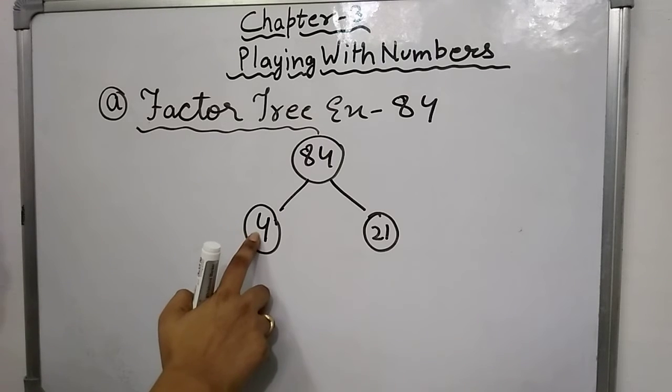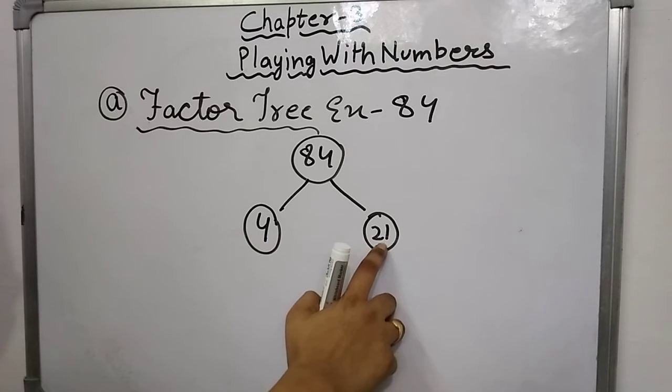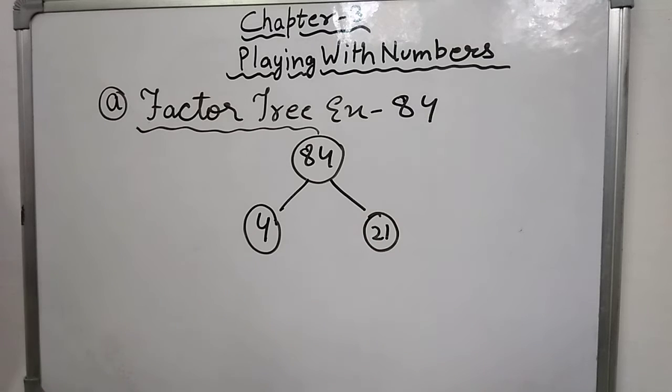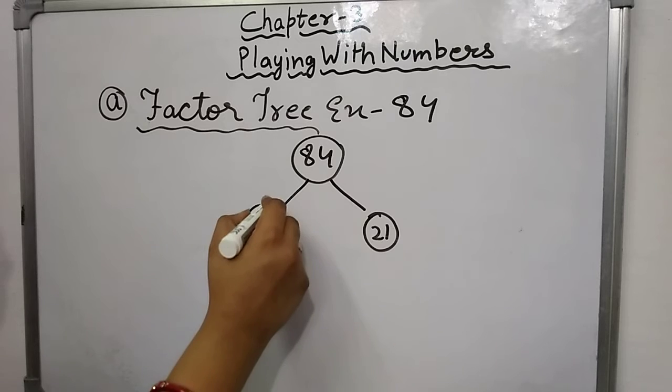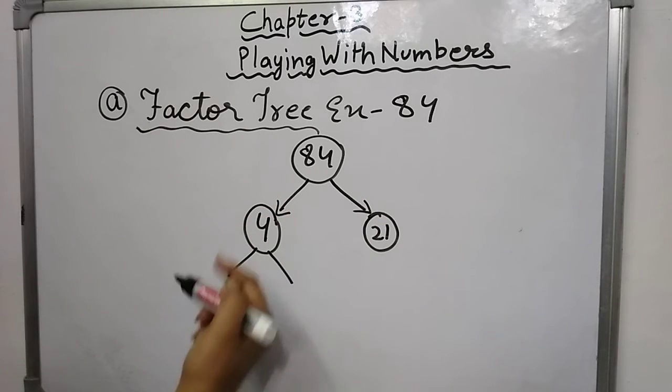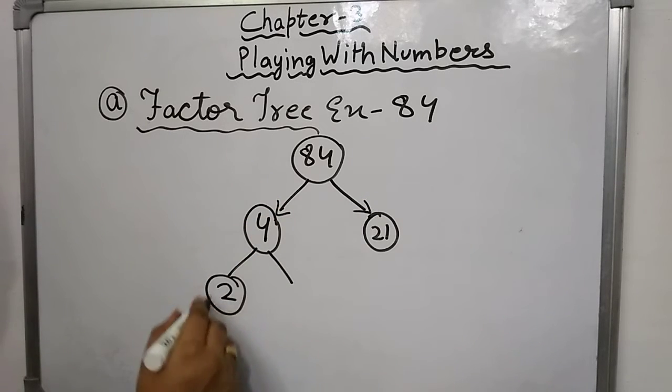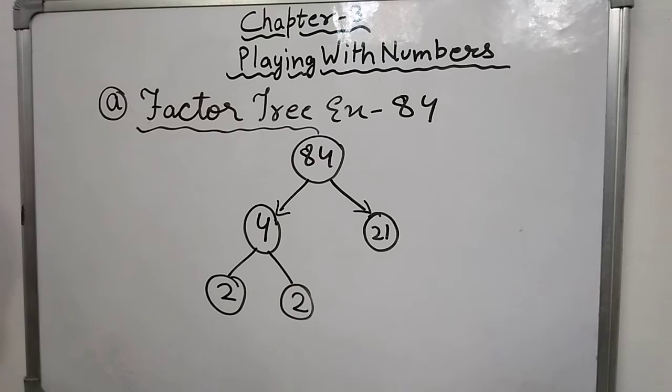Now, neither 4 nor 21 are prime numbers, or you can say prime factors. So we will factorize them further. Now write the two factors of 4. We can write 2 and 2 as factors of 4.